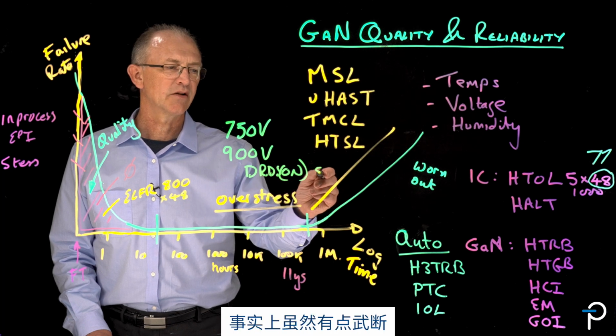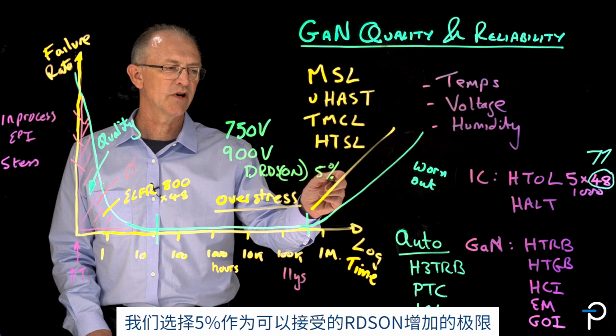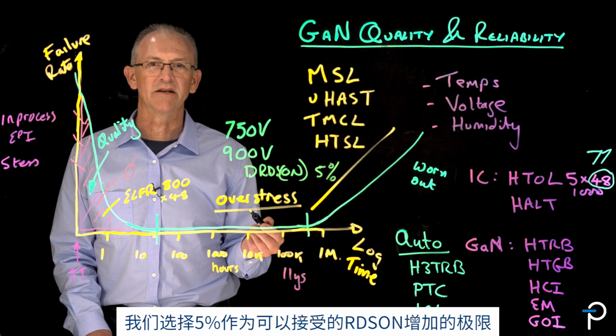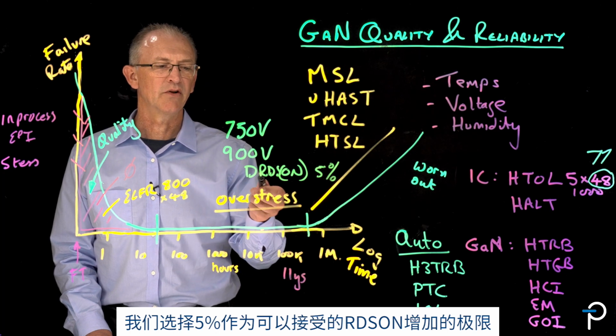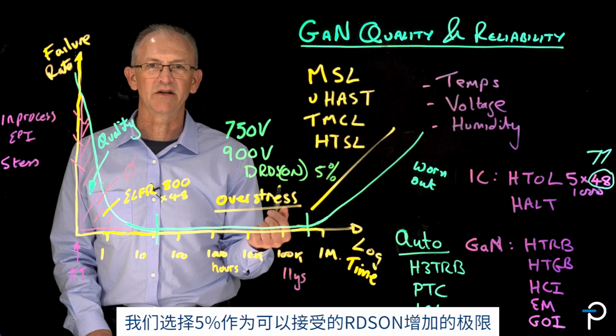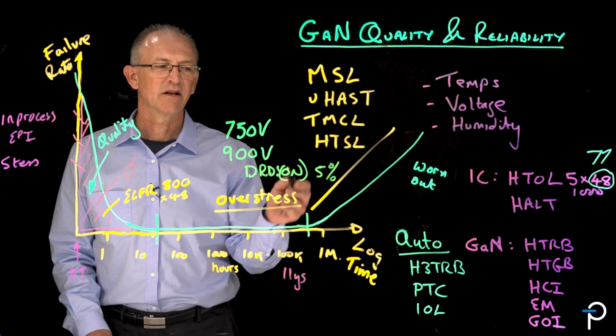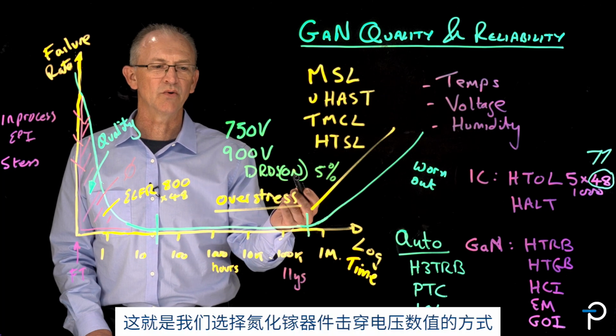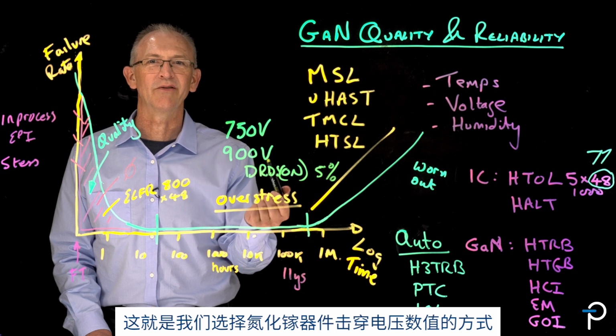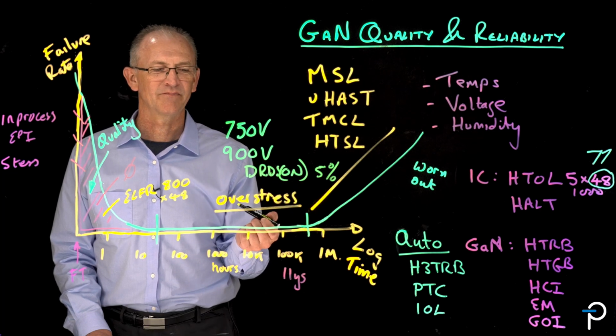And it turns out, somewhat arbitrarily, that we've chosen 5% as being the limit that we can accept an increase in RDS on. And that is how we choose the BV of our GaN devices.